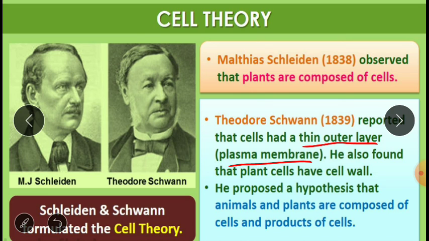He also found that plant cells have a cell wall. He proposed a hypothesis that animals and plants are composed of cells and products of cells. In fact, both these scientists, Schleiden and Schwann, together gave us what is known as the cell theory.